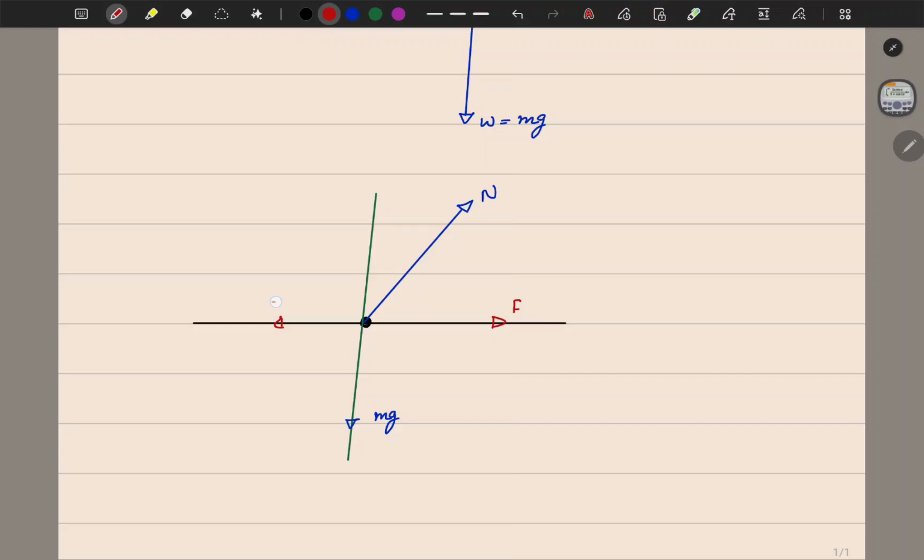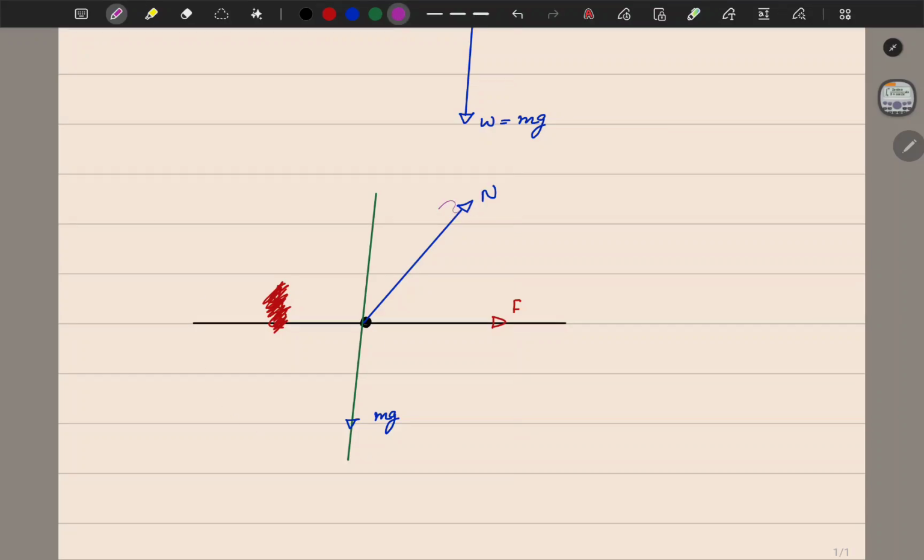The friction is still on the left direction, but we are going to ignore friction because it's negligible. And this tilting or banking is going to be enough to maintain a circular path.